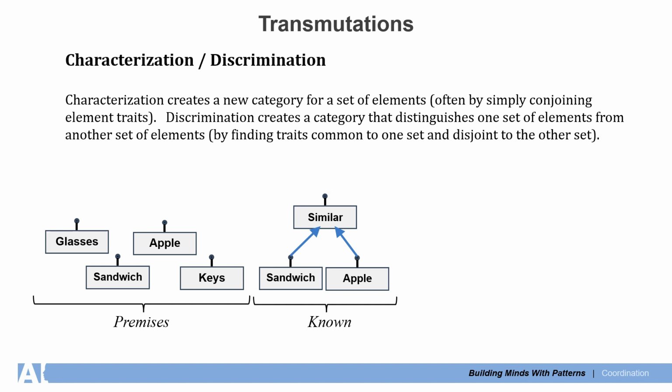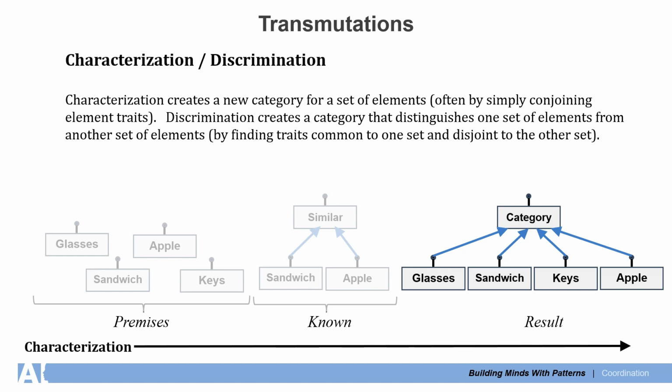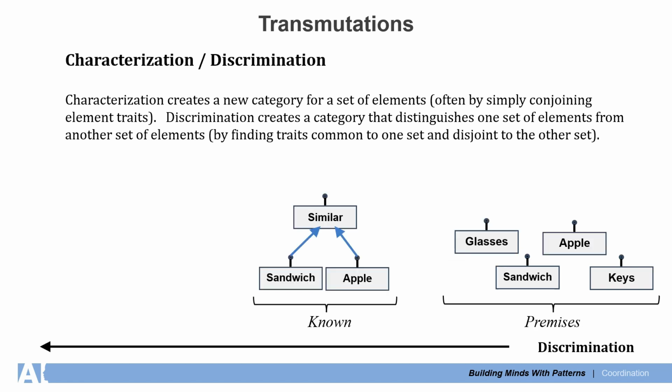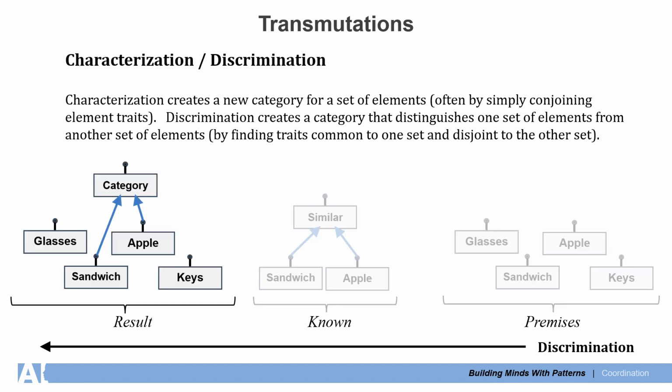So if we have premises glasses, sandwich, apple, keys, and known background knowledge, sandwich is similar to apple, by characterization, we can derive a category, glasses, sandwich, keys, apple. If we have premises glasses, sandwich, apple, keys, and we have sandwich similar to apple, by discrimination, we can have two sets: glasses, sandwich, and apple in a category, and keys.